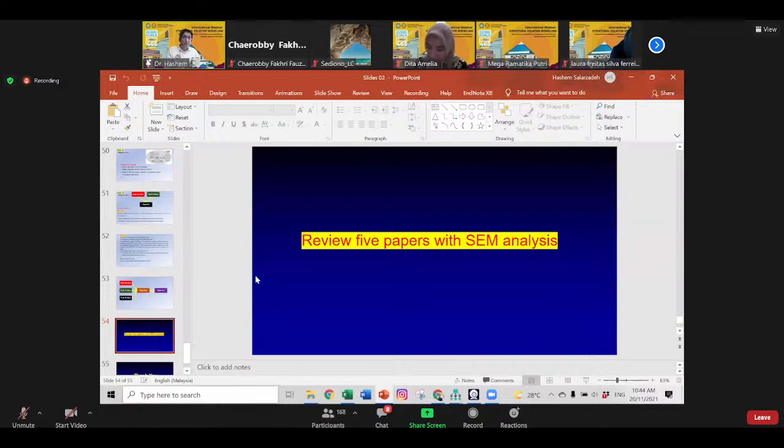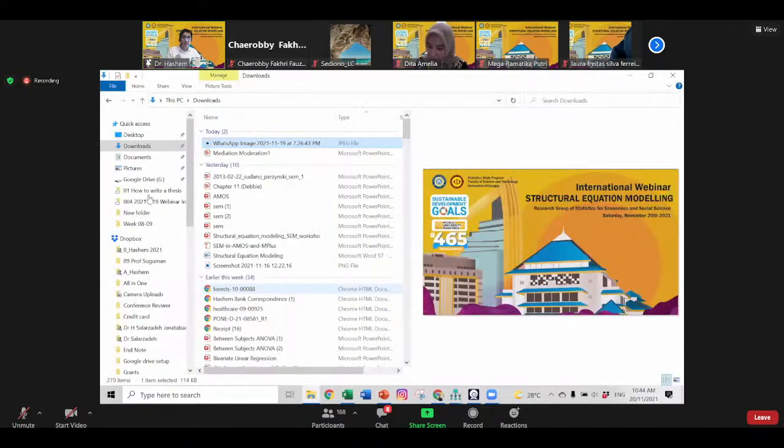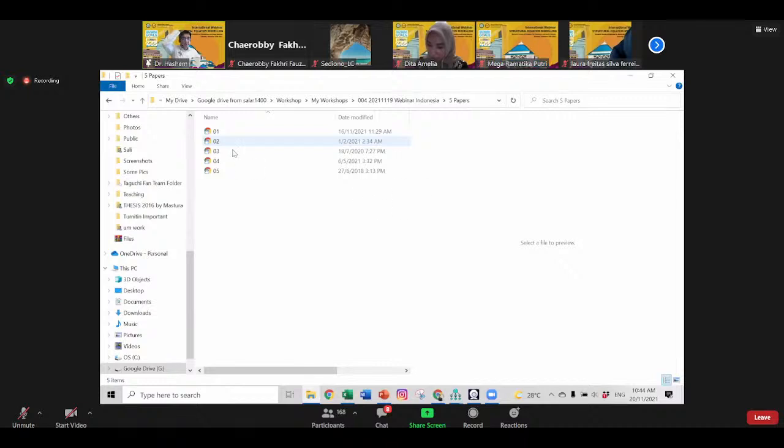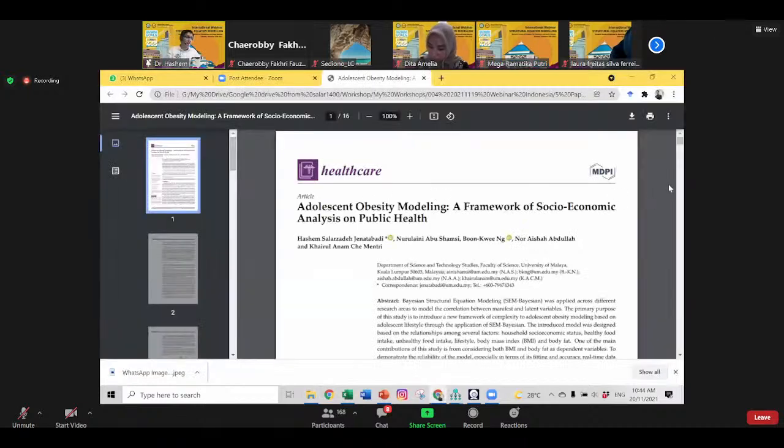Okay. So the first paper, like I published in Healthcare, which is Q2, maybe with an impact factor of around 2 point something. And this is the current one. You see, the statistician keyword is there: adolescence obesity modeling, right?